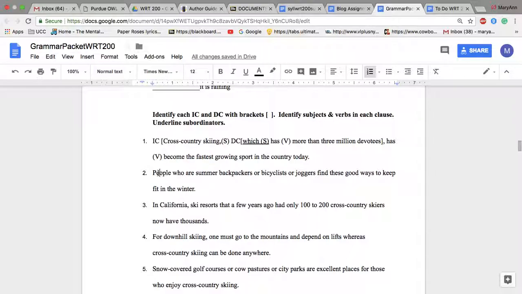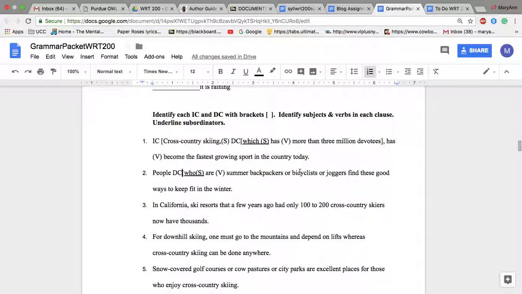So we're looking for the verb first, moving along: people who are. So are is our verb. To the left of that is one of our magic subordinators, which is a subordinator and a subject. So we're going to underline it because it's a subordinator and mark it with an S because it's a subject. And that begins our DC. So let's mark that as a DC.